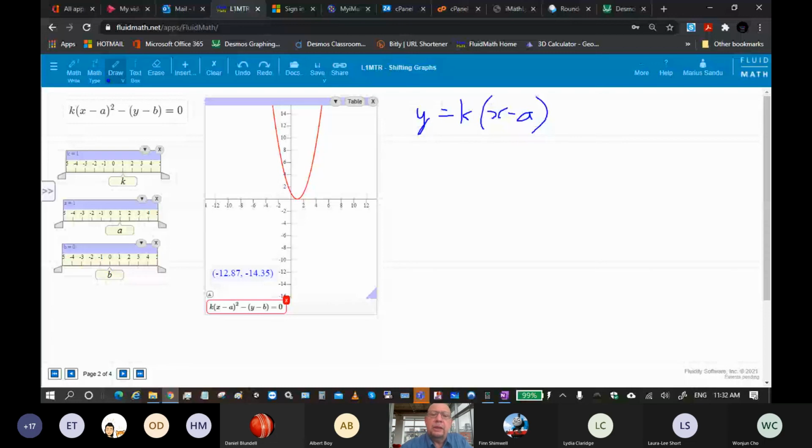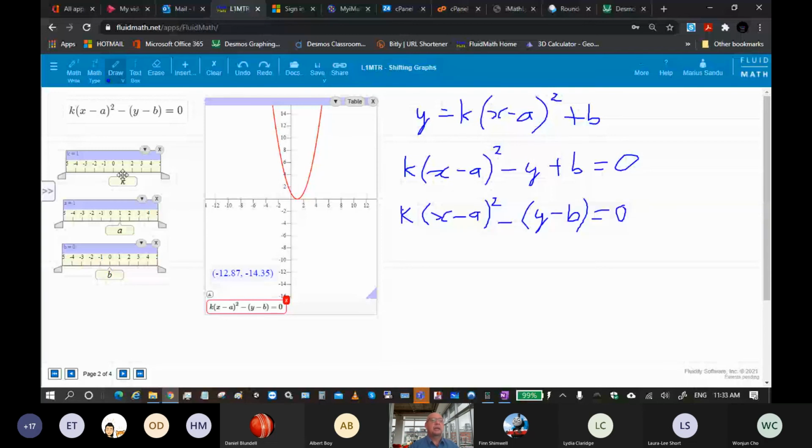Now that constant, if I put it in brackets, I'll end up with k(x minus a) to the power of 2 minus y minus b equals 0. And that equation I've entered up here.